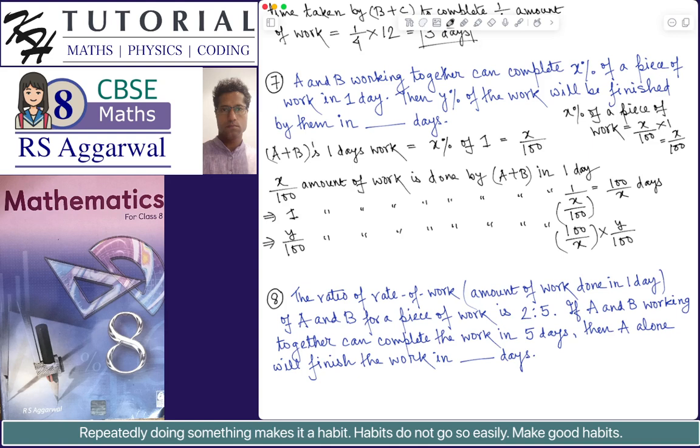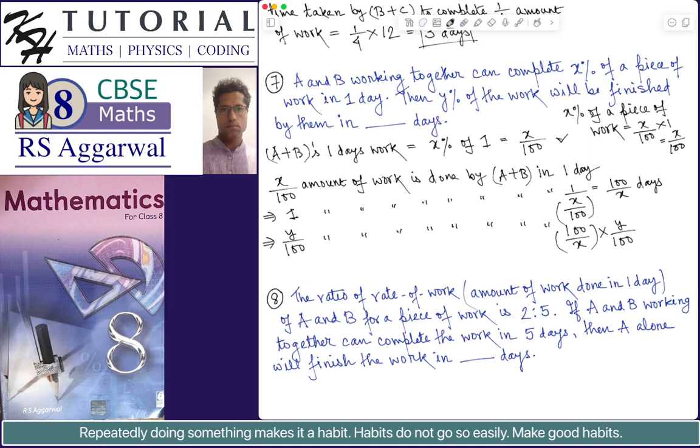So this fact was written in another way, that x by 100 amount of work is done by a plus b, that is a and b working together in 1 day. Now using unitary method, one amount of work is done by a plus b in 1 by x by 100 days, which is equal to 100 by x days.